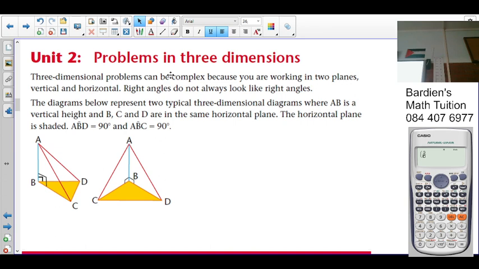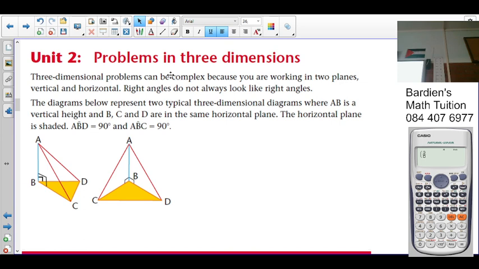The sun is on the horizon. So your horizontal is at the bottom, while your vertical is what stands up straight. However, the horizontal plane will always stand perpendicular to the vertical plane. Okay, you guys understand? The horizontal and vertical are 90 degrees to each other.